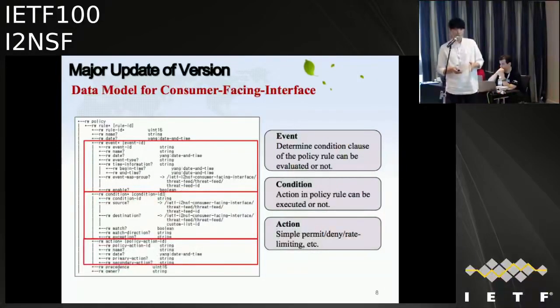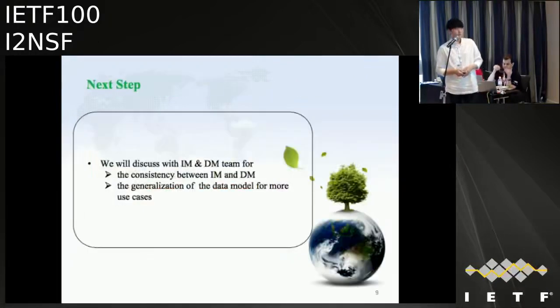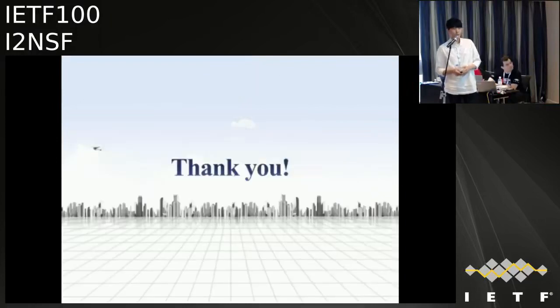In the same context, we could also apply this data model to our use case in the document. So next, we need some discussion on the consistency between the information model and data model, and the generalization of the data model for more use cases. Thank you.